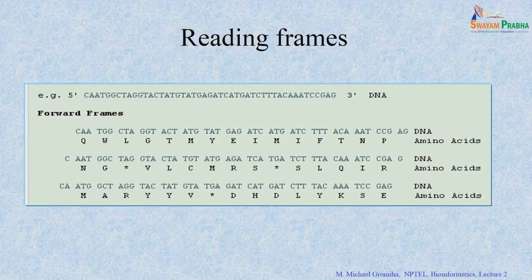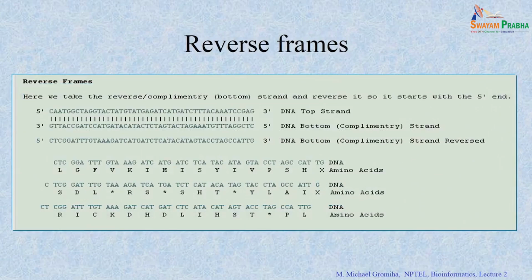Likewise, in the reverse frame. How do you get the reverse frame? Reverse complement. If you have this 5 prime to 3 prime sequence, you take the complement, which gives the 3 prime to 5 prime direction, and then you reverse it, so you get the opposite strand from 5 prime to 3 prime.